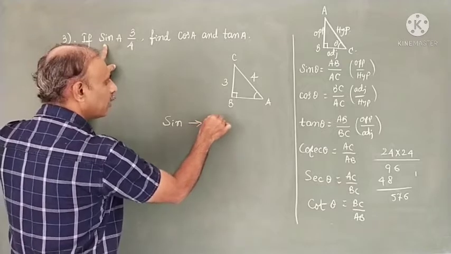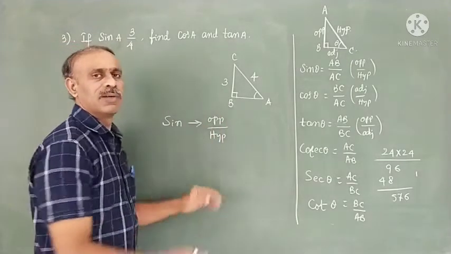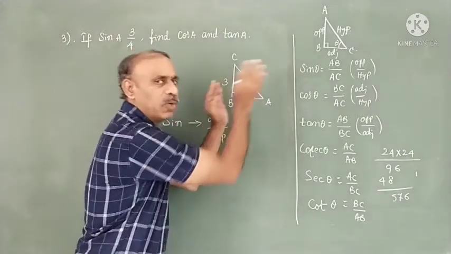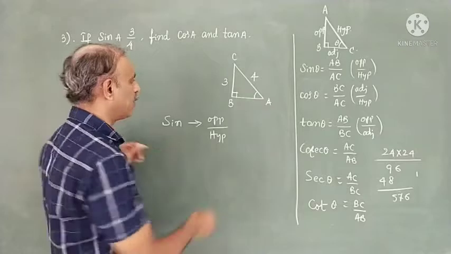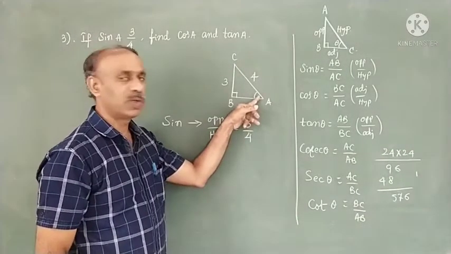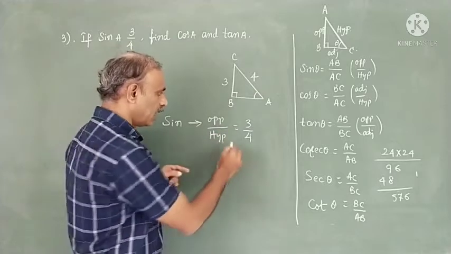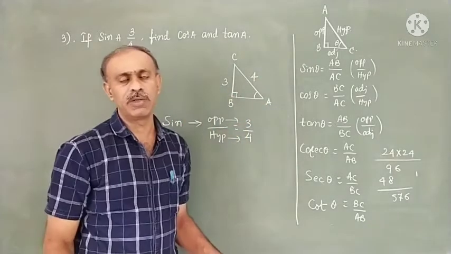Sin is nothing but opposite by hypotenuse. Just substitute into your picture: they have given us 3 by 4, which means the side opposite to acute angle A is 3 and the hypotenuse is 4.